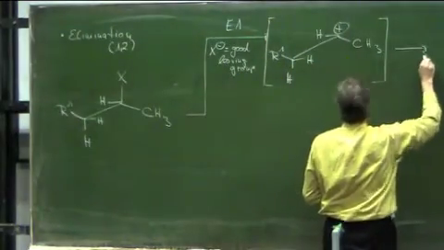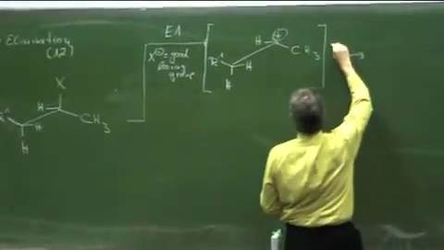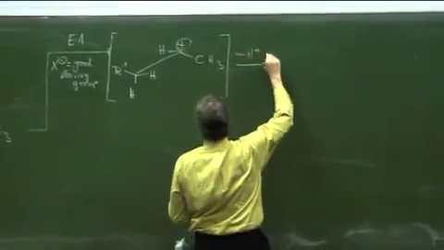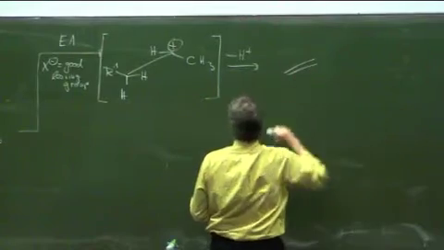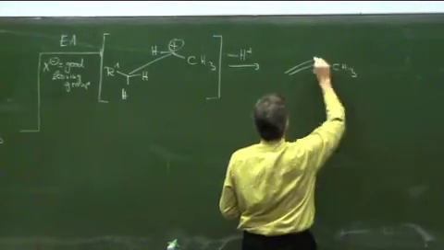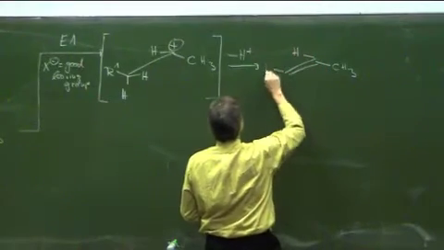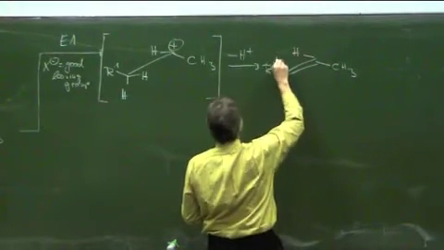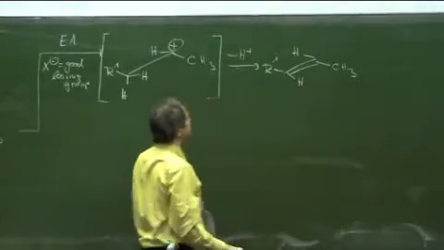And then in the second step, loss of a proton by a mild base will lead to the product.